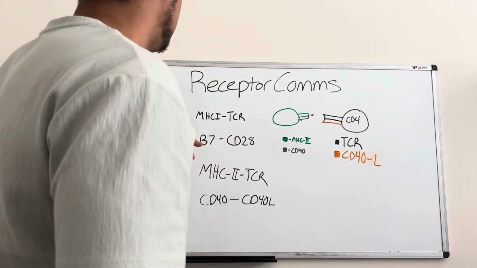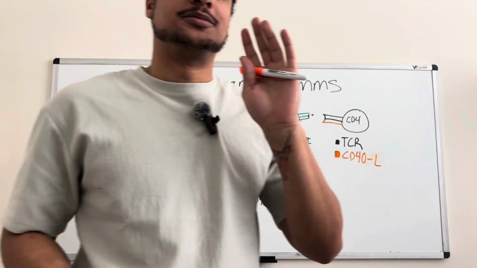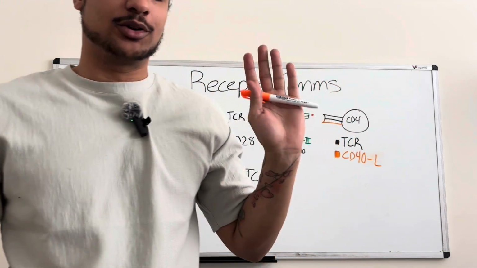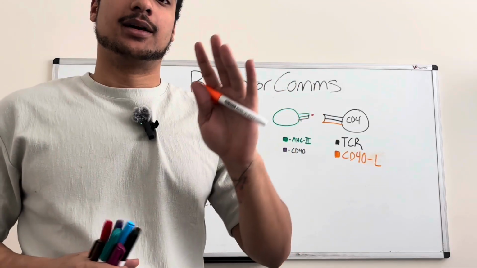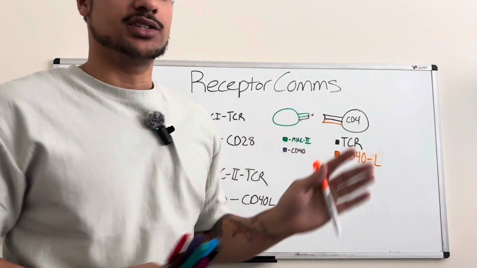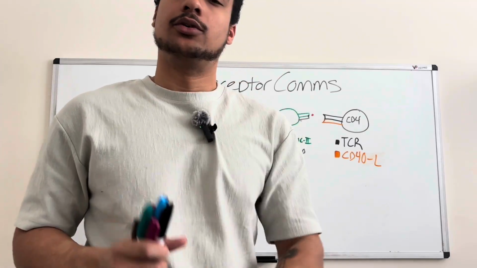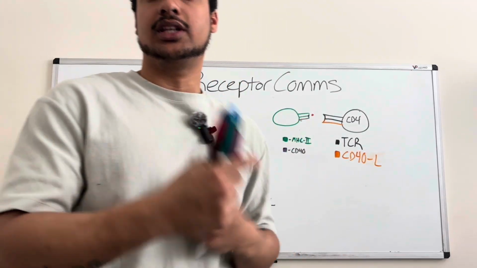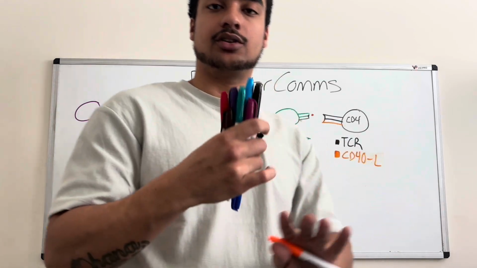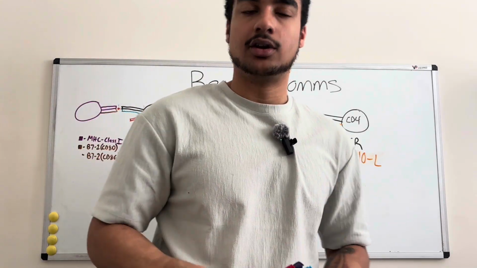So before I move on into receptor communications, I want to say that we went over interferons alpha and beta, released during early viral infection, which can lead to increased MHC expression, right?